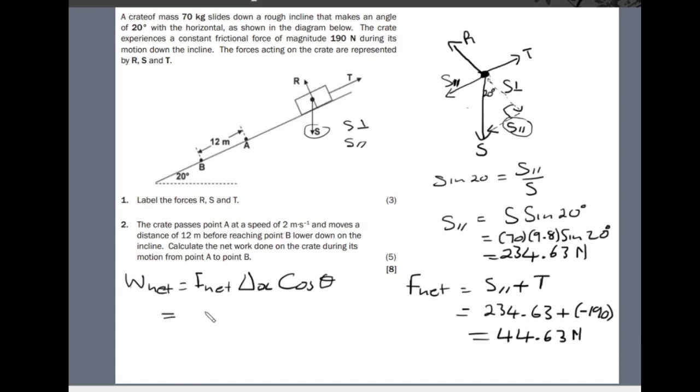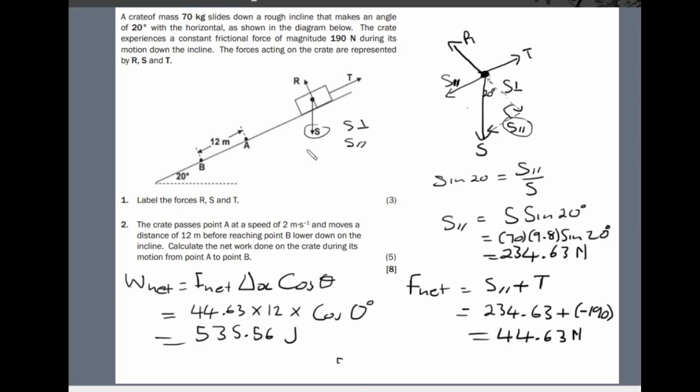So here I would have 44.63 times 12 times cos 0 degrees, so this will be 535.56 joules. Remember, with our previous method, the answer was 535.51, which are very close.